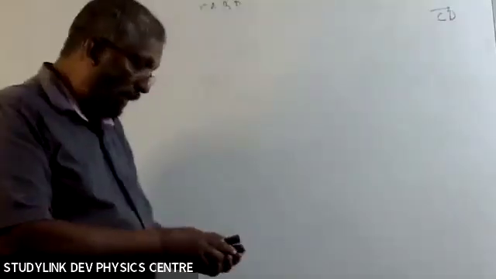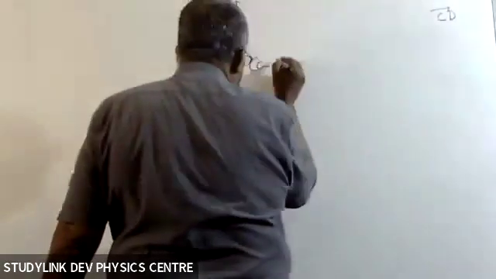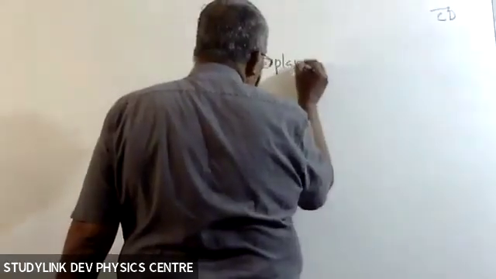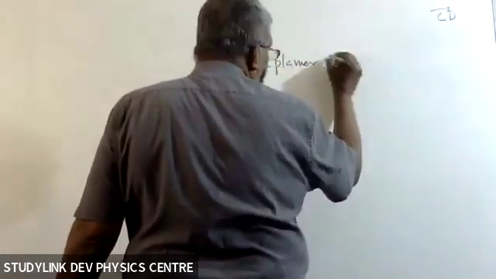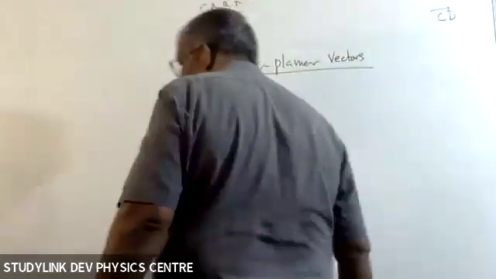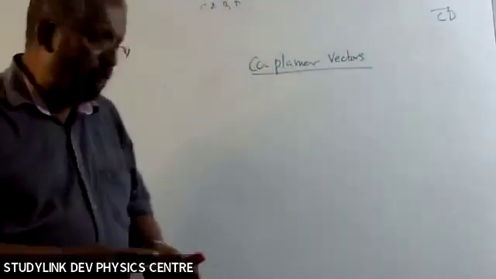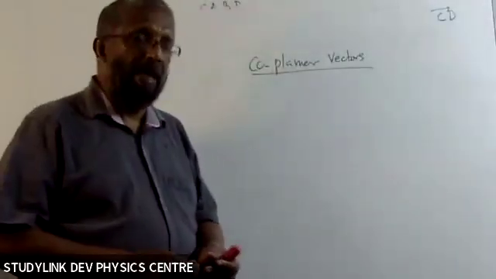Coplanar. Then write next one: coplanar vectors. Coplanar vectors means those vectors are on the same plane.